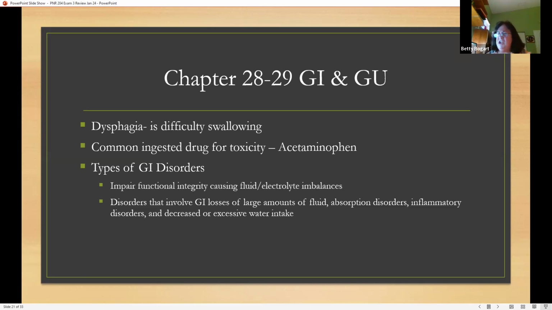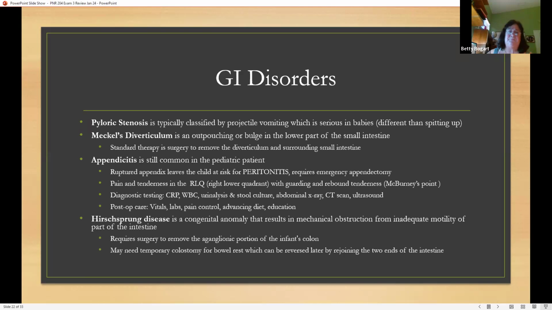Big thing about GI is fluid, electrolytes, vomiting, diarrhea. So we've got to understand signs and symptoms of dehydration and how to replace it. Pyloric stenosis, 3 weeks to 3 months.